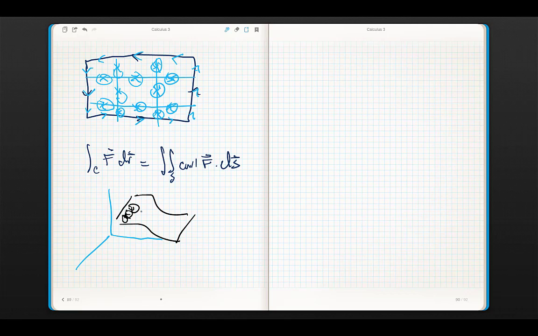So all these little curls are going to cancel because over here everything's moving in a counterclockwise direction. So this and this will cancel. And the only thing that I'm left with, fabulously, and thank God, or it'd be a lot more difficult, is the outside of the surface, which says that the flux of the curl of f is exactly equal to the line integral.